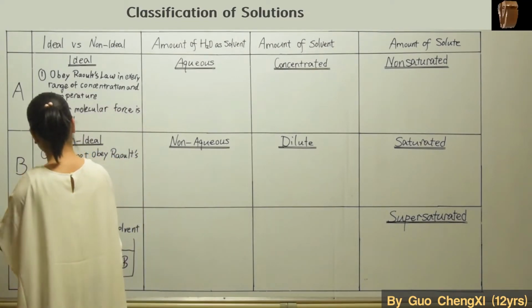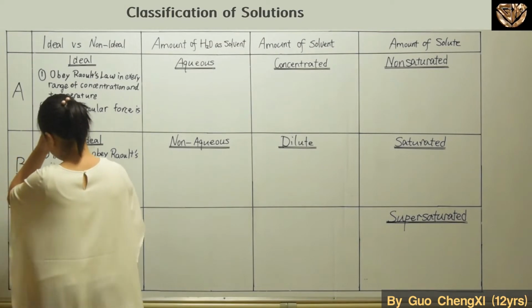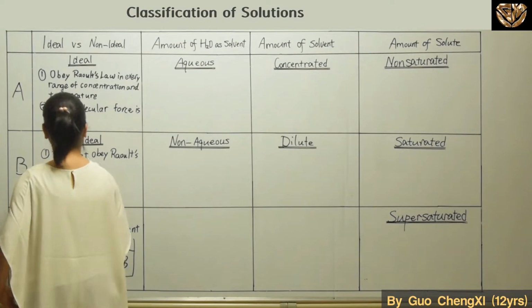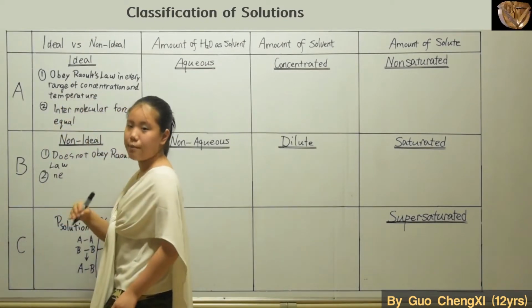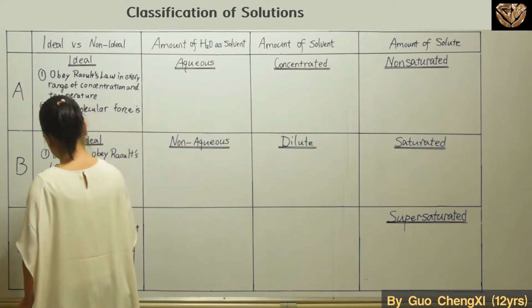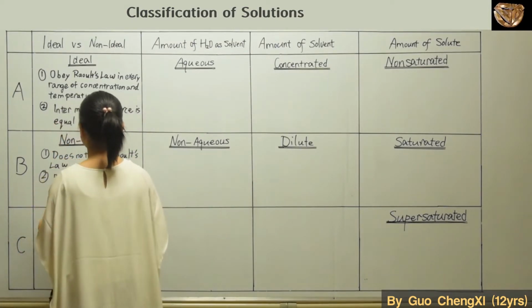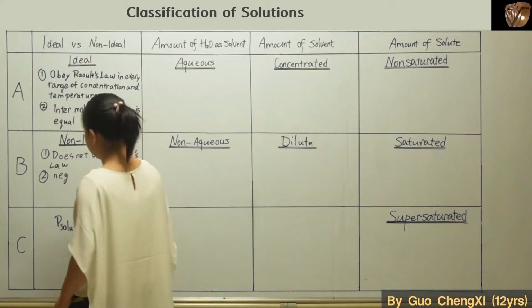The second one is that both negative deviation and positive deviation are non-ideal, because if it is ideal, it will be equal.